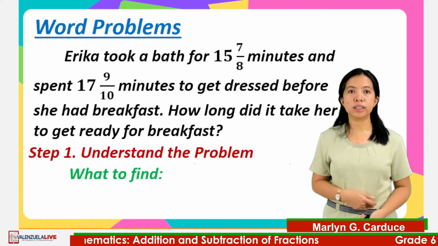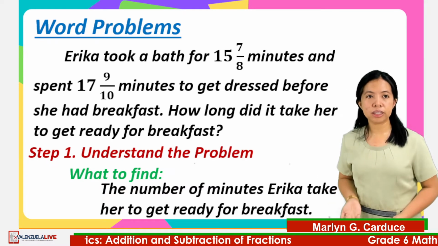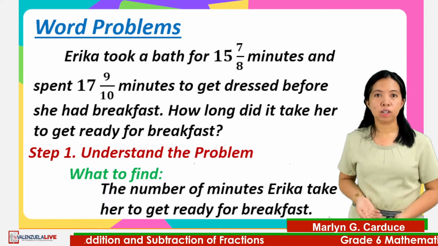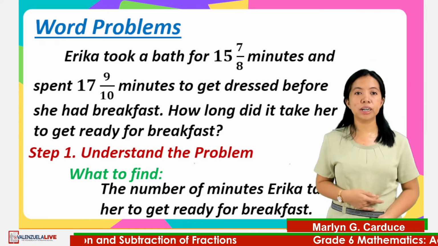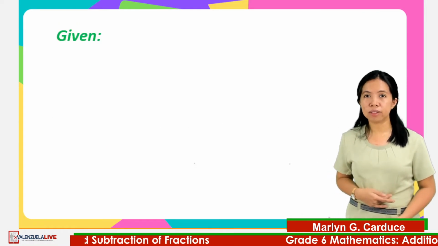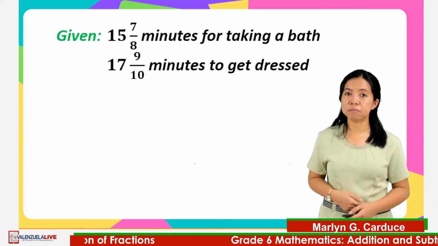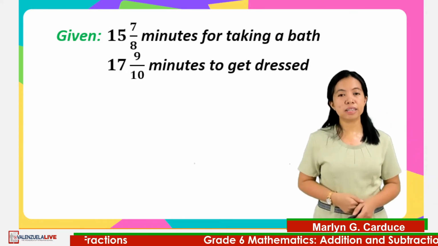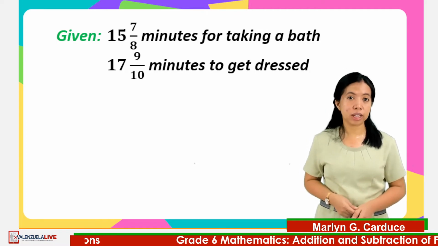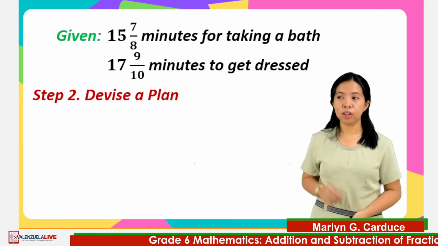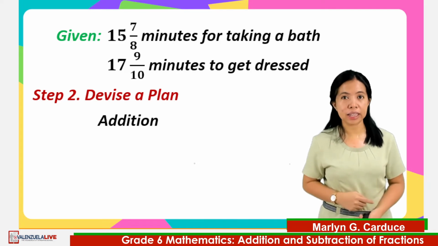So we need to look for the number of minutes Erica takes to get ready for breakfast. For the given, we have 15 and 7/8 minutes for taking a bath, and 17 and 9/10 minutes to get dressed. For step number 2, devise a plan.